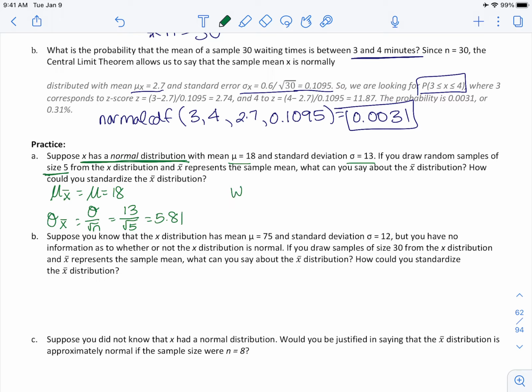And again, when x is normally distributed, the x bar distribution will also be normal.